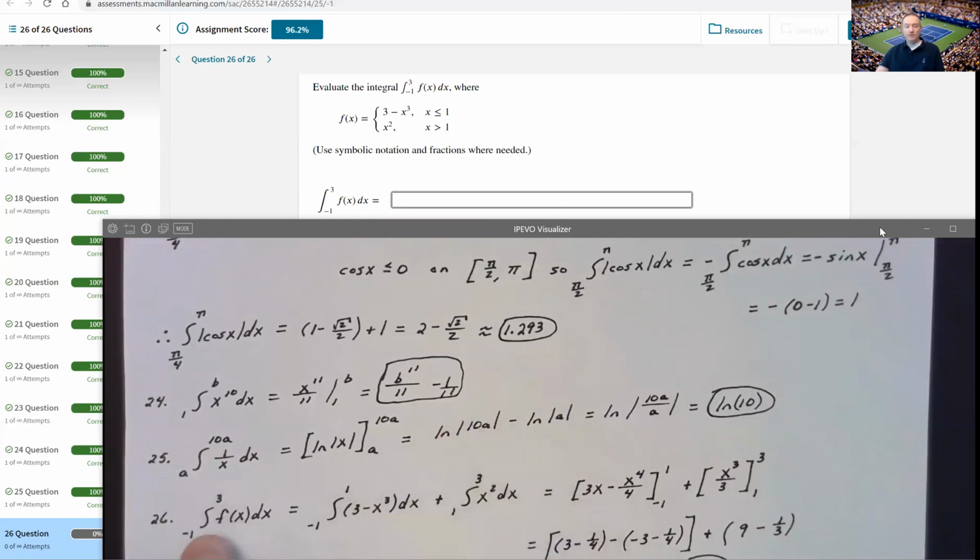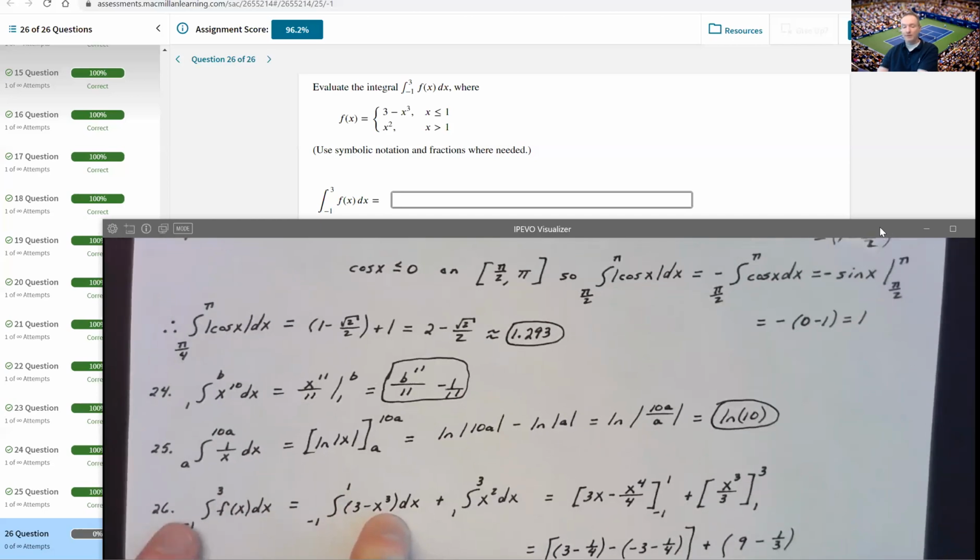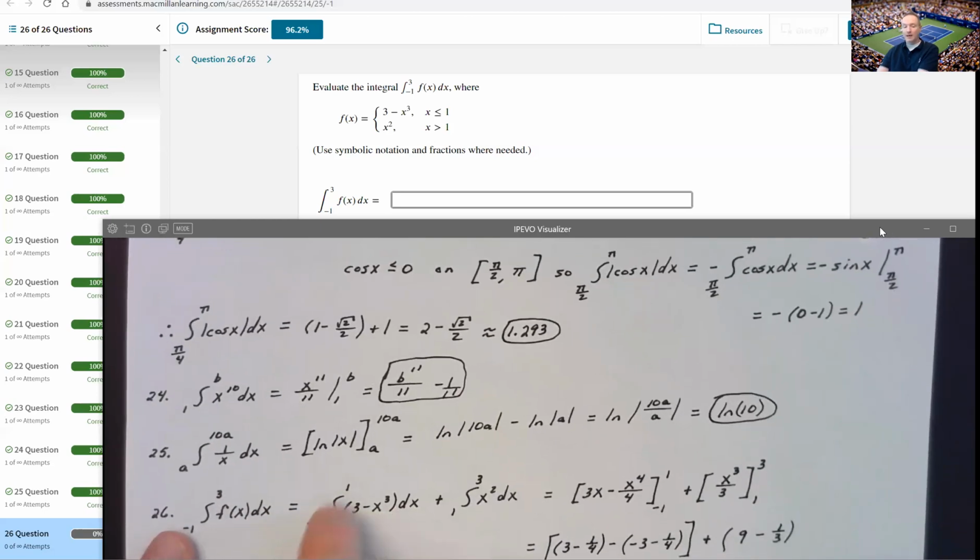So the integral from -1 to 3 of f of x dx, anywhere from -1 to 1, is the top part of the piecewise function, 3 minus x cubed. However, for values of x greater than 1, the function is x squared. So I had to split this up into the area between -1 and 1, and then the area between 1 and 3. From 1 to 3, it's the second function, x squared dx.